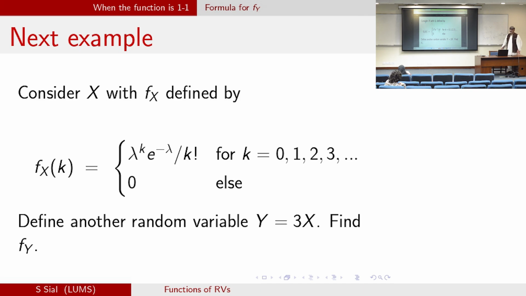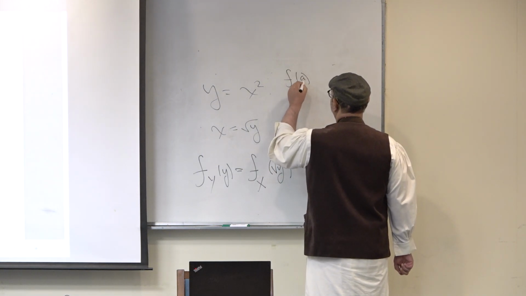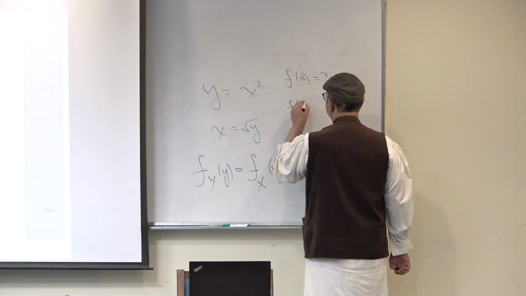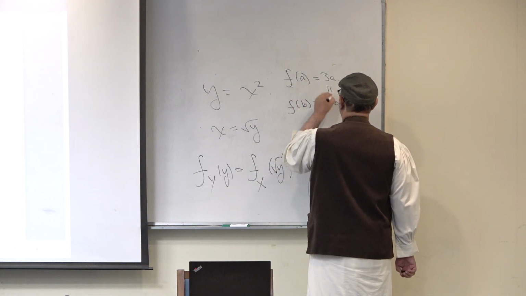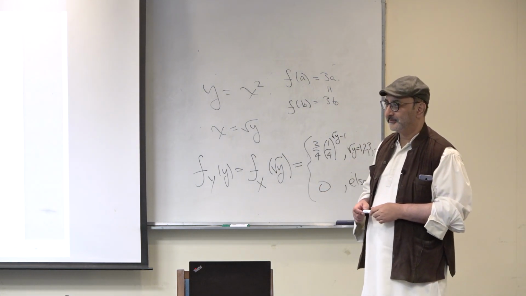So, is that a one-to-one transformation? It is? Why? Because every value of x maps to only one value of y. If f of a is equal to 3a, and f of b is equal to 3b, and if these two are equal, it necessarily follows that a is equal to b.